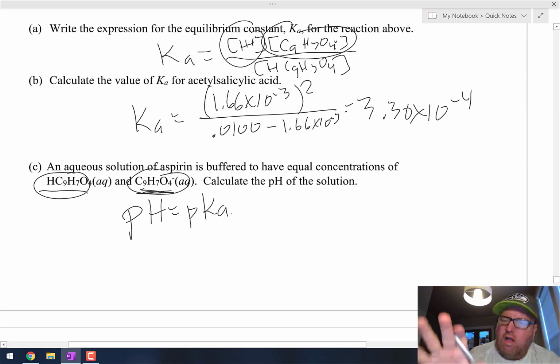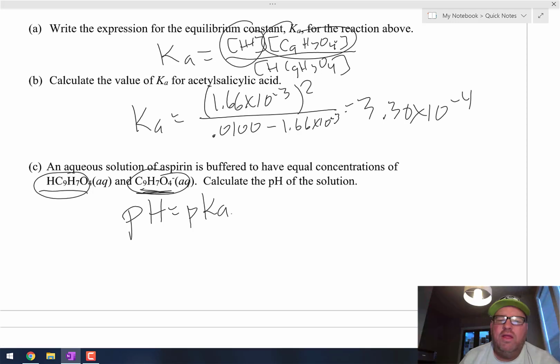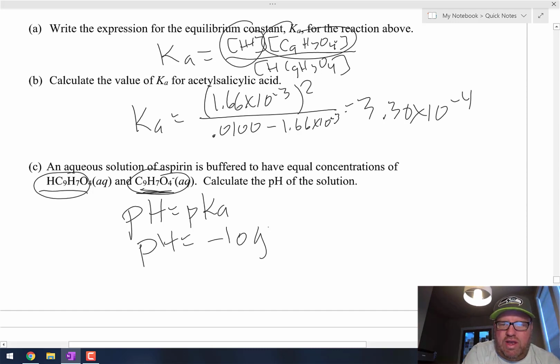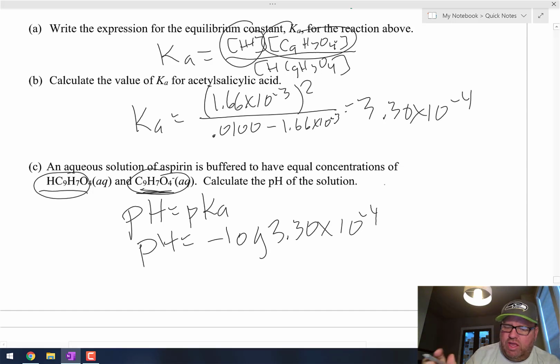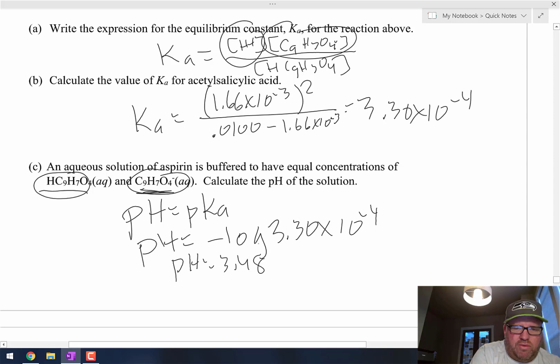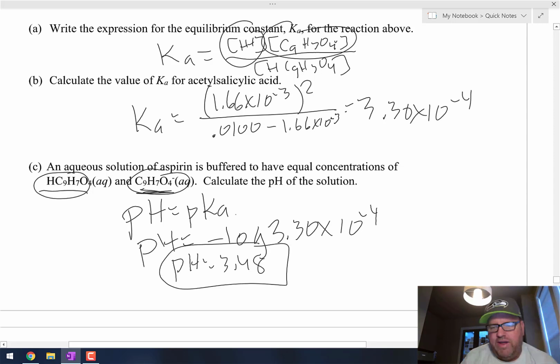So the log of the A minus over HA cancels out because the ratio is equal to 1. The log of 1 is 0. The pH equals the pKa. So the pH is going to equal the negative log of 3.30 times 10 to the minus fourth. So the negative log of that answer equals a pH of 3.48. That is our final answer on that.